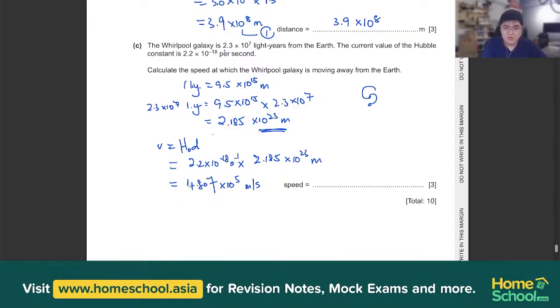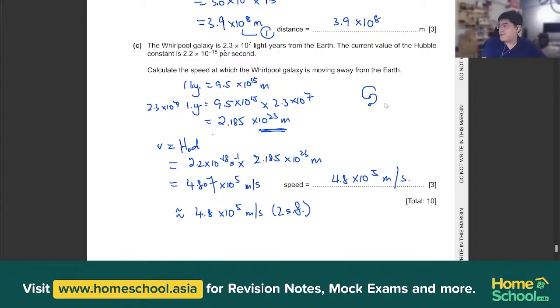Now we need to do the two significant figures. Now we round it down to 4.8 times 10 to the power of 5 meters per second, which is in two significant figures. Okay? Right. So that is the answer.